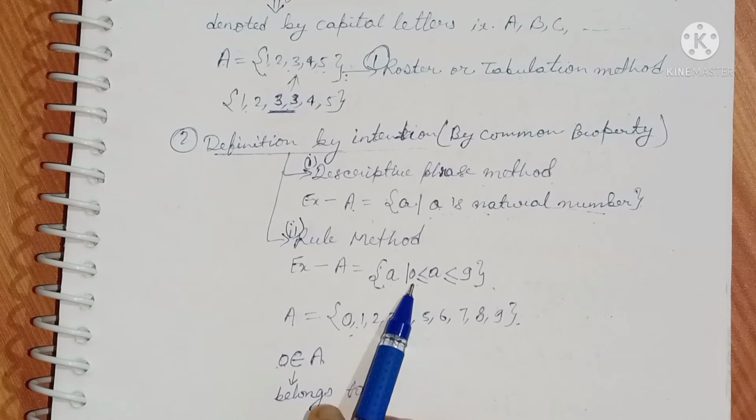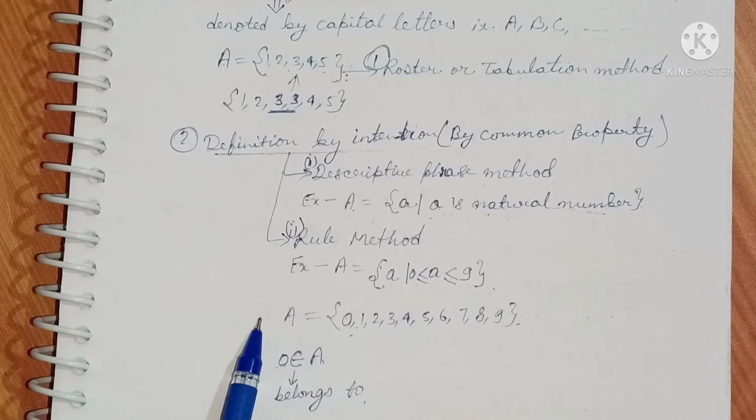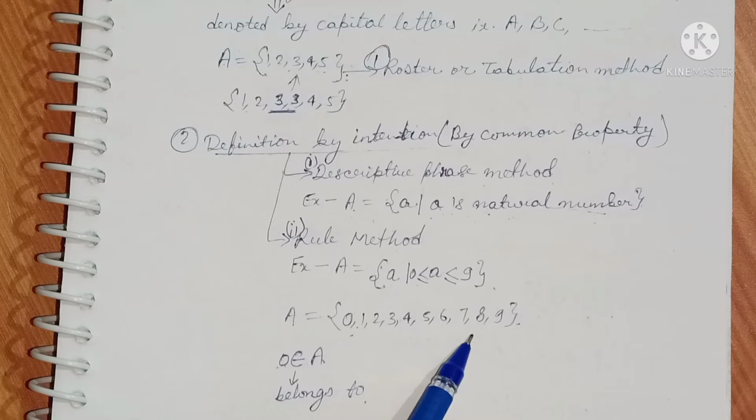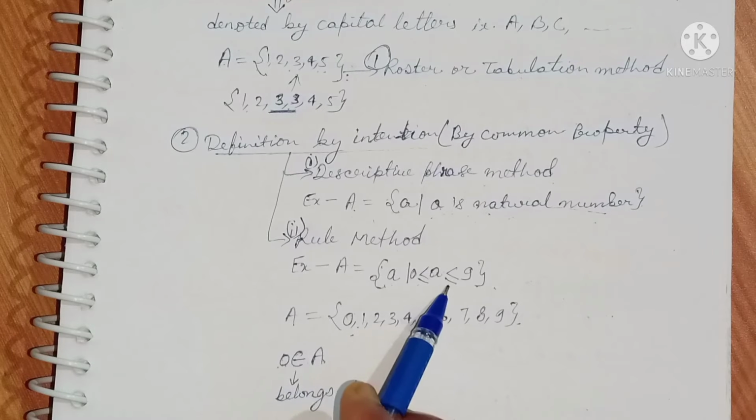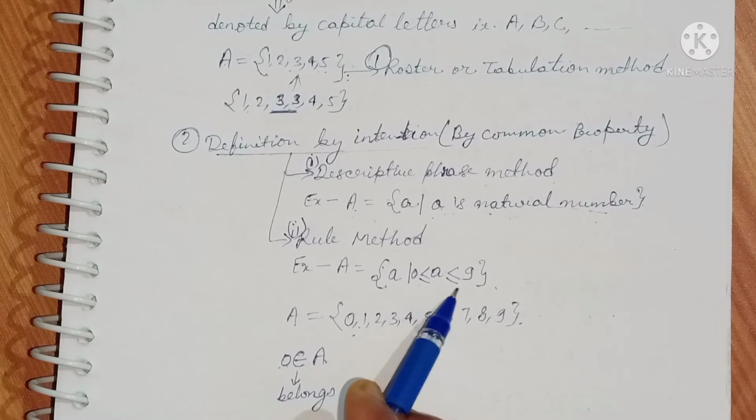It means the numbers from 0 to 9. Just below, the distinct elements are written. So this is the rule method, where we represent the set by using a rule.